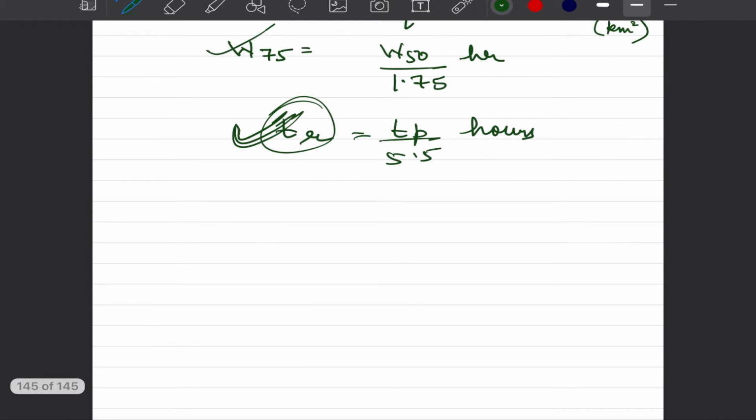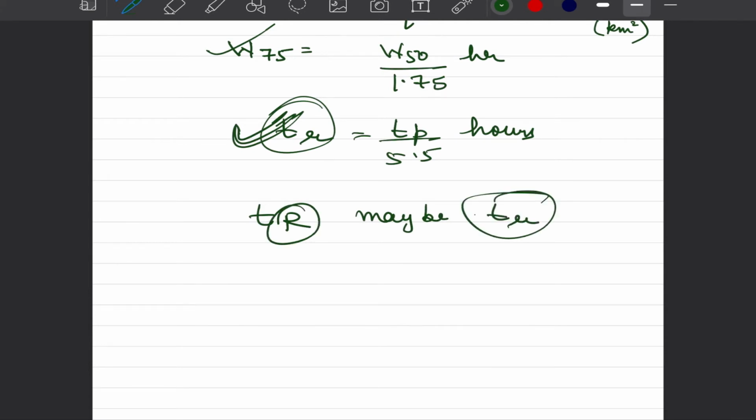But in the real world, the duration of effective rainfall that we are going to observe may vary, and capital TR may be different from the small tr for which we have developed our relationships.